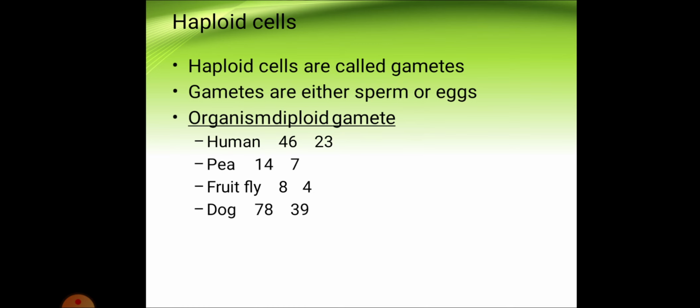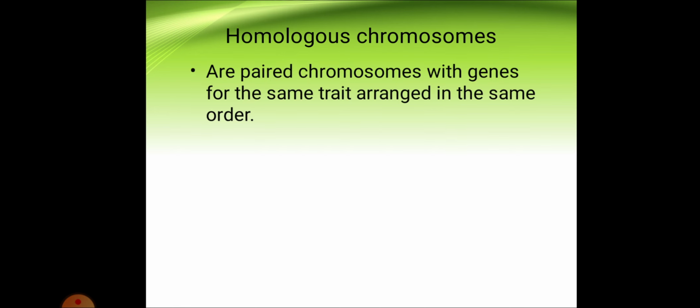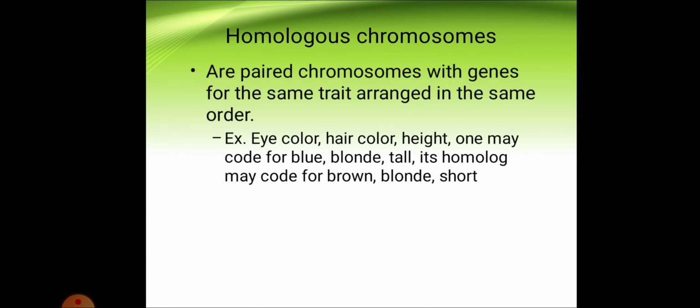Let's go to homologous chromosomes. These are paired chromosomes with genes for the same trait arranged in the same order. Example, the eye color, hair color, height. One may code for blue, blonde, tall.